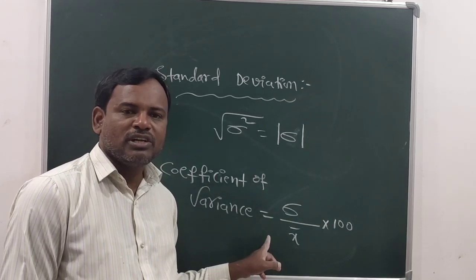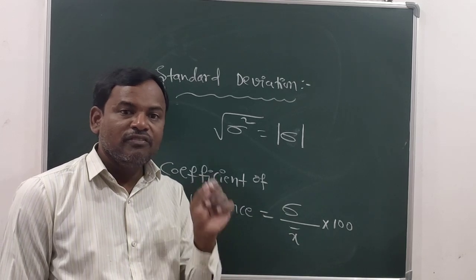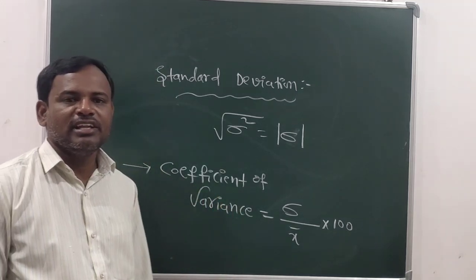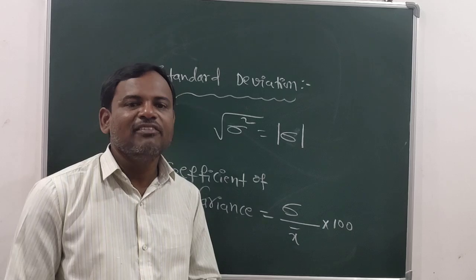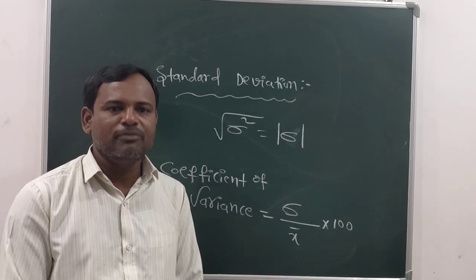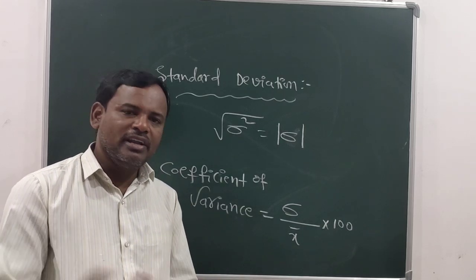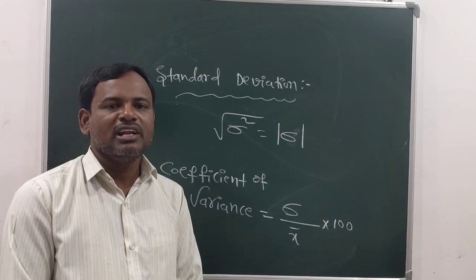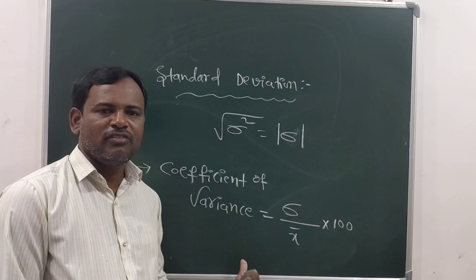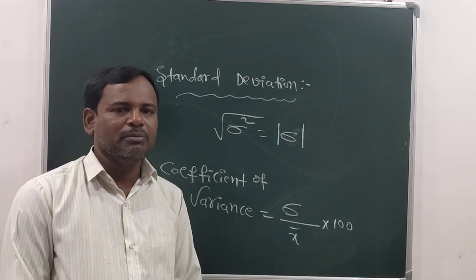Whichever data has the smaller coefficient of variance is more relevant to us. The data can be anything, such as choosing which goods to purchase or which information is preferable. The one with the smaller coefficient of variance is very relevant to us. Remember that point.